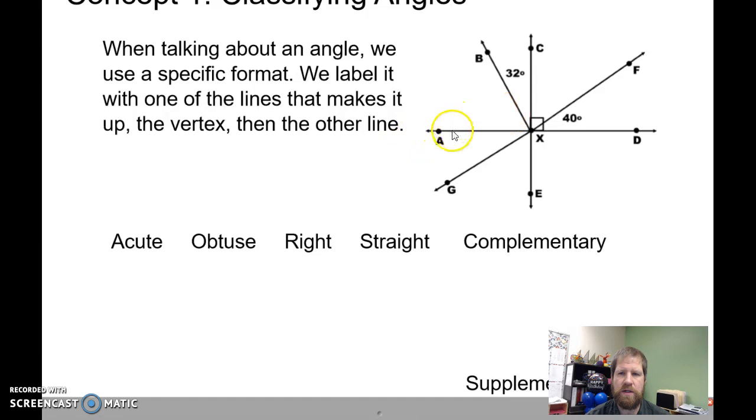So if I was referring to this angle formed by the line A, the vertex X, and the line B, that's going to be angle AXB. And the vertex, that end point, always has to be in the middle. I could call this angle BXA, and that's going to be the same angle. But again, the vertex has to be in the middle.